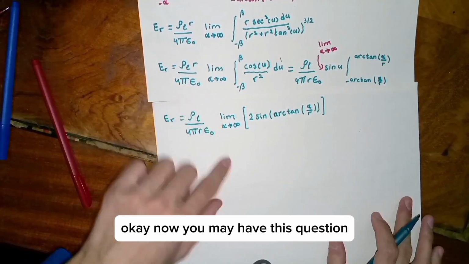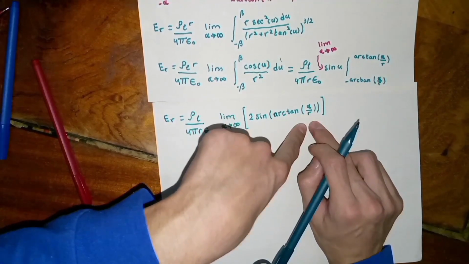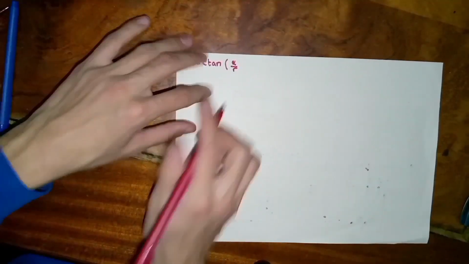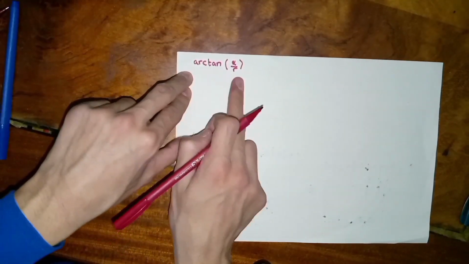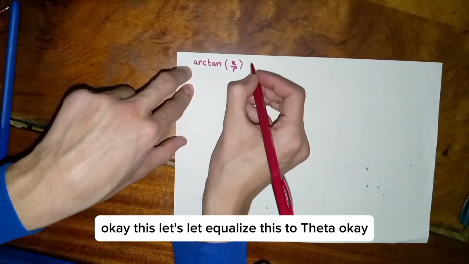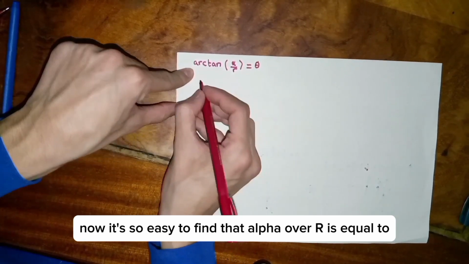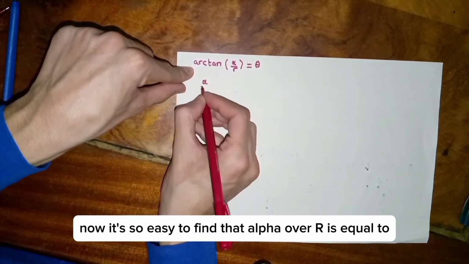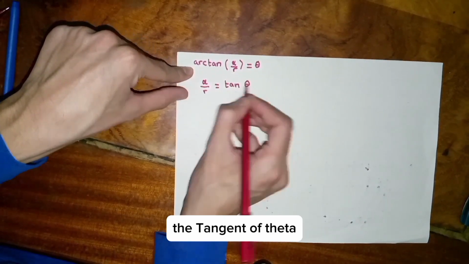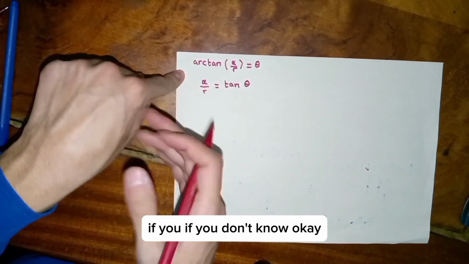Okay, now you may have this question. What does sine of arctangent of alpha over r equal? Now, let's take arctangent of alpha over r and equalize this to theta. It's easy to find that alpha over r is equal to the tangent of theta, as arctangent is the inverse of tangent, if you don't know.